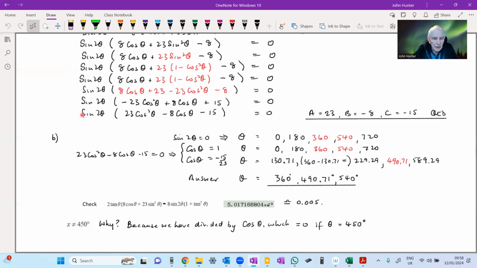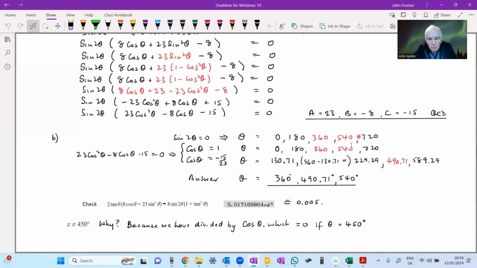What we're actually saying is that either this is 0 or this is 0. Now we could possibly factorize it and solve it that way. But I've just used the calculator, and so I've stuck these coefficients into the ClassWiz, and it's given me the solution. So either we've got sine 2 theta equals 0, in which case theta can be all these values, although the ones that we're interested in are these two.